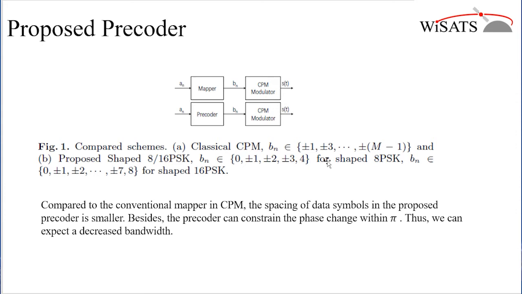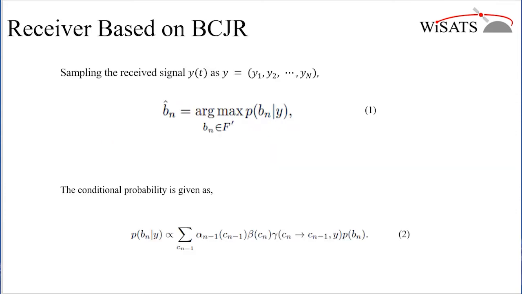Well, considering the receiver, shaped 8 or 16 phase shift keying can be constructed either by shaping the path of 8 or 16 phase shift keying or by connecting the proposed precoder with phase shift keying.